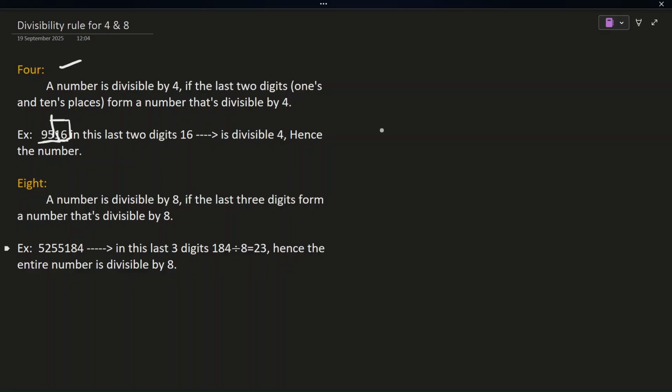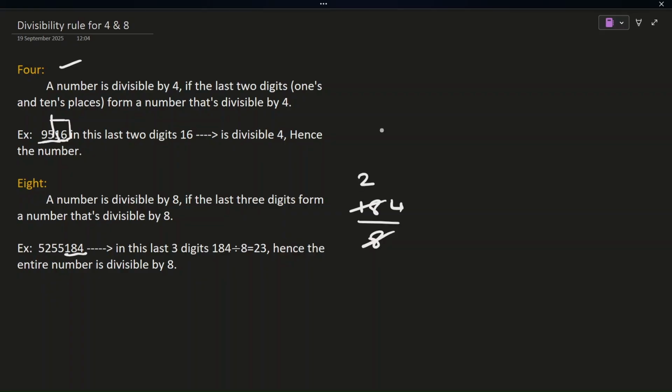See, this is such a large number. If you see this 184, the last ones, tens and hundreds place only you take and check. In these last three digits, is 184 divisible by 8? If you divide 184 by 8, how will you cancel? 8 twos are 16.